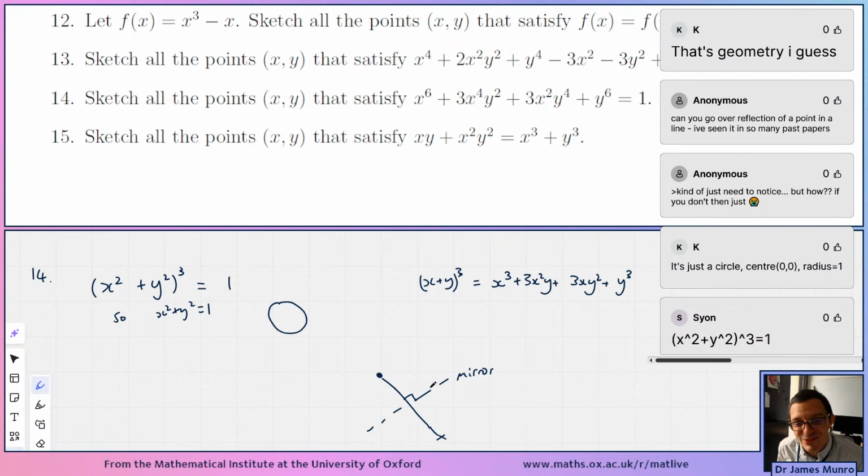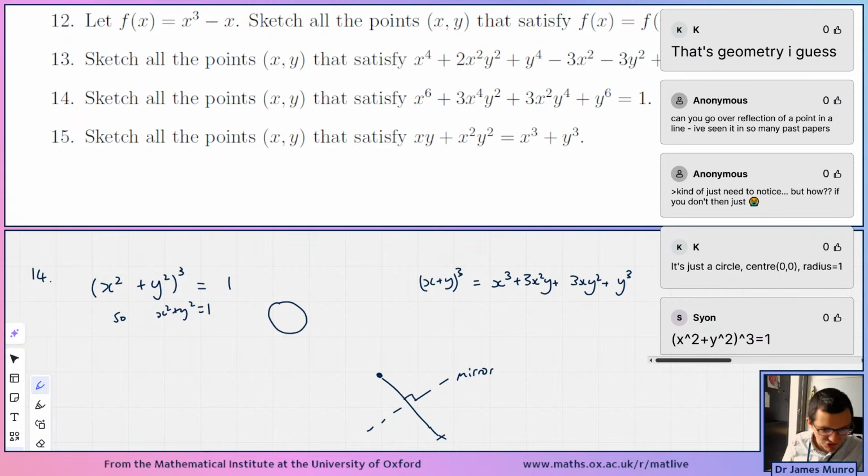That's how reflections work. So this point goes over there. And to be honest, if you haven't learned a formula or something, I would do that step by step. Finding the line that's at right angles to the mirror, sending it through the point, and working out some distances. Some geometry. Yeah, I call that geometry too.